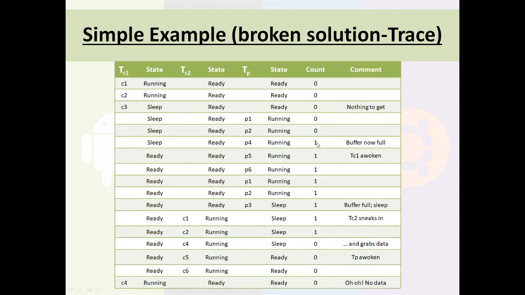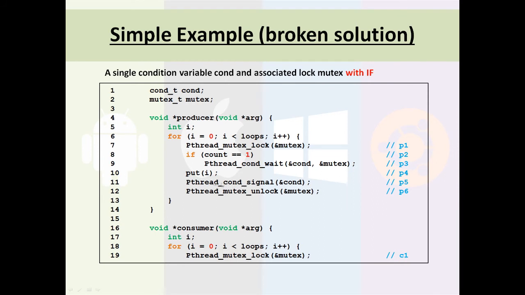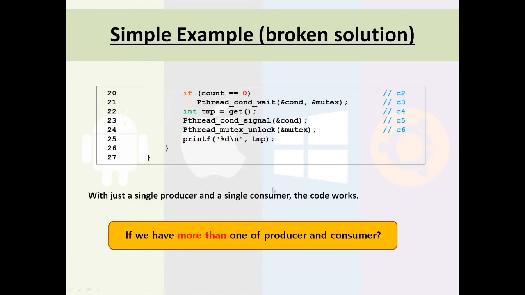It also updates our count variable, importantly. The producer then signals that a buffer has been filled at P5. At P5, if we go back to the code, it's this signal here, signaling on a conditional variable. What does signal do? Well, it wakes another thread. And then after that, it releases the lock.